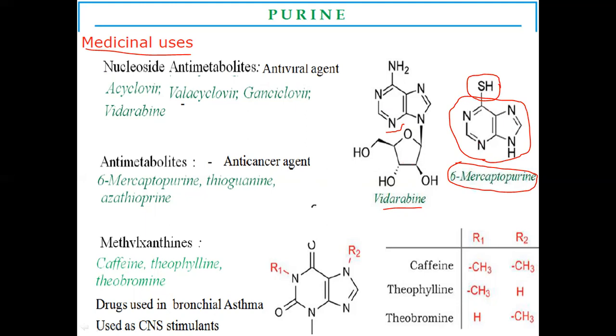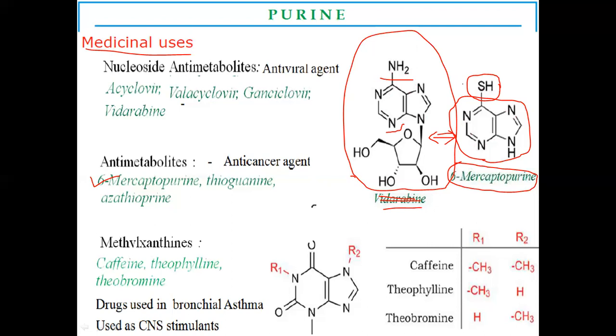It acts as an anti-cancer drug, an antimetabolite. This is not vidarabine, this is the structure of thioguanine. This is the structure of guanine. Due to the structural resemblance of purines and guanines, instead of the SH, an NH2 group is present in the normal nucleotide bases.